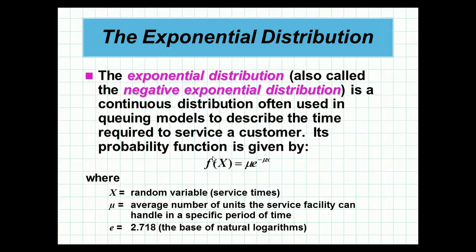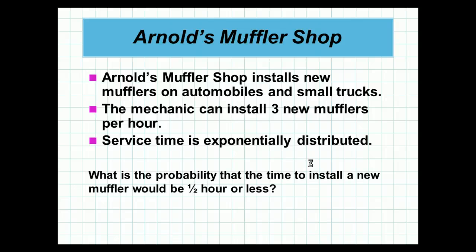It's often used in queuing models to determine how much time it takes to do something, like service a customer. The example in your textbook and in the slides talks about a muffler shop that installs mufflers on automobiles and small trucks, and a mechanic can supposedly install 3 an hour.